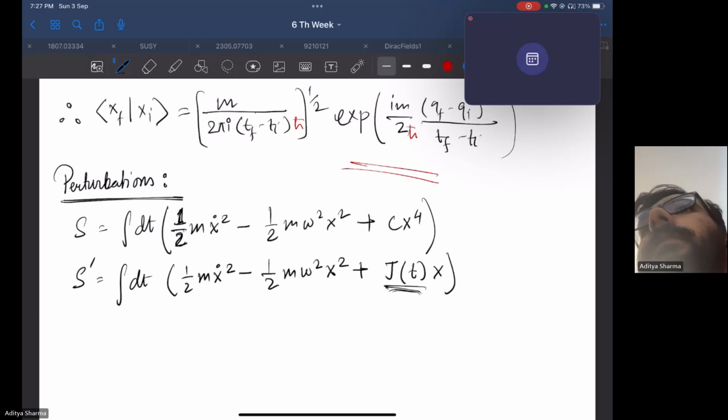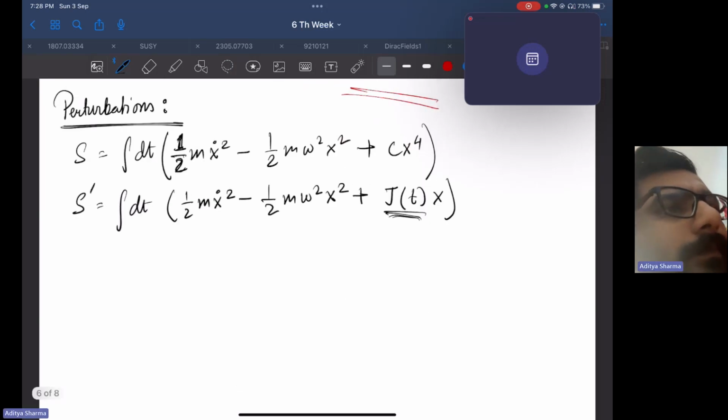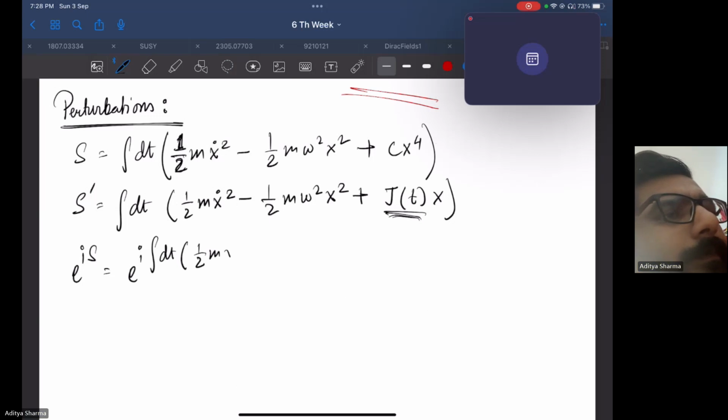So if I have something like this, what I will try to do is square plus c x to the power 4.